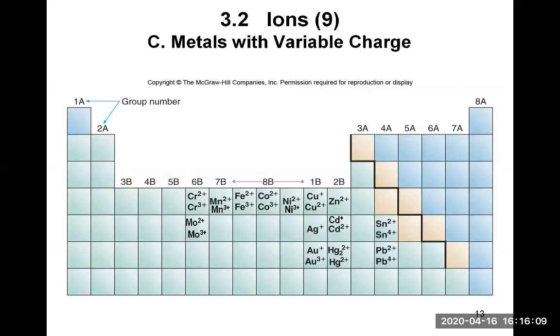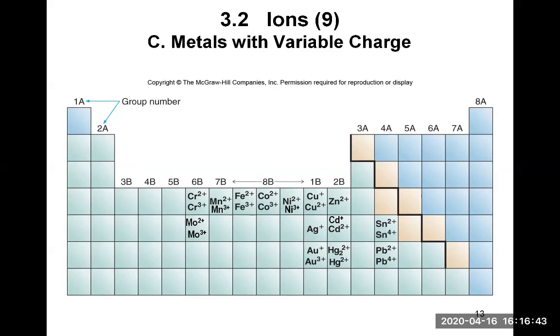Now, metals with variable charge. I said that the metals in the B groups, which are called the transition metals, give different kinds of ions. They can have different kinds of charges. For example, chromium can be 2+ or 3+, iron 2+ or 3+, copper can be +1 or 2+, etc. So they form different kinds of ions.